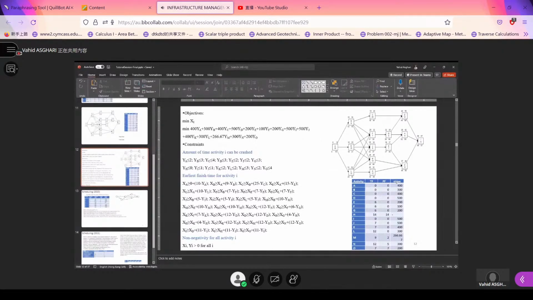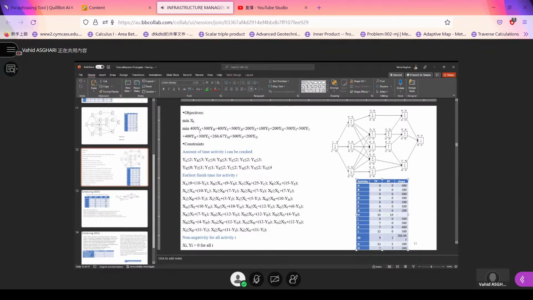YA is the number of crash days for activity A, and 400 is the slope for YA. So if we want to crash activity A for 1 day, we have to pay 400. If we want to do it for 2 days, we're going to have to spend 800. That's why we wanted to find a slope.